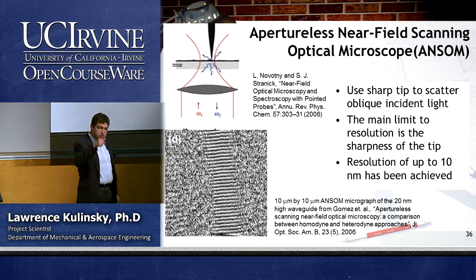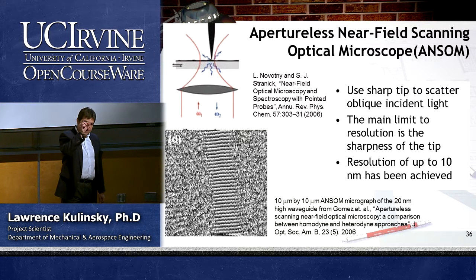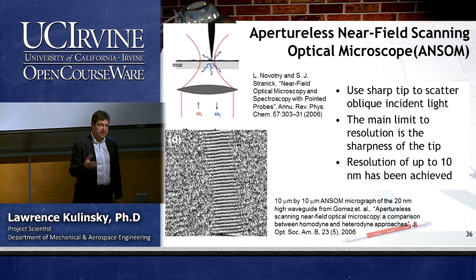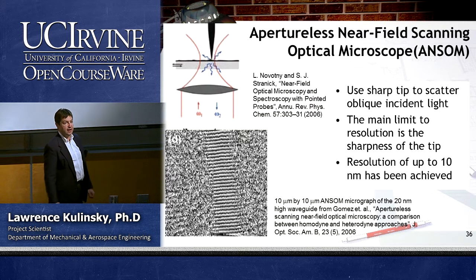But the problem is you need to pass light through a very, very thin fiber. That is a disadvantage because you have very low illumination, right? The light needs to go through the fiber.